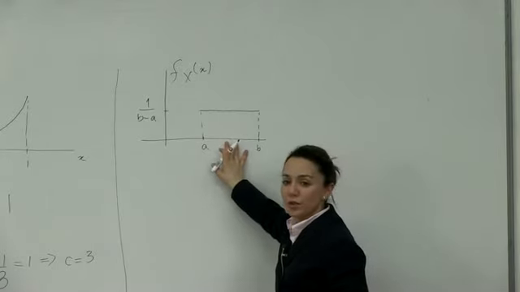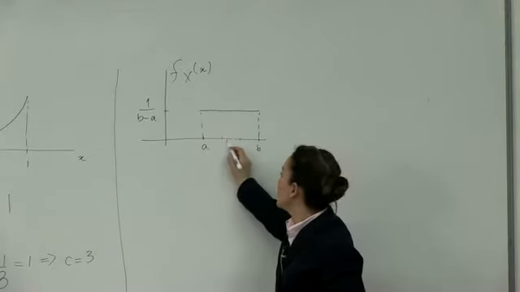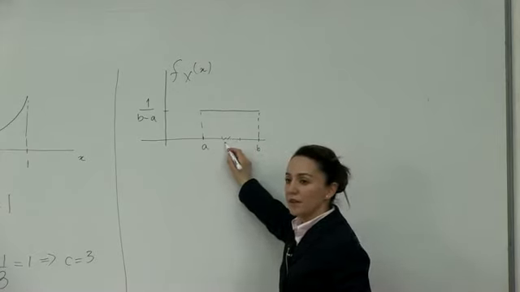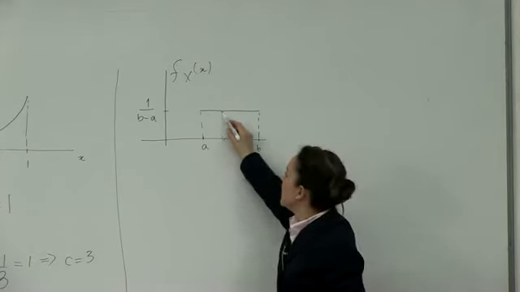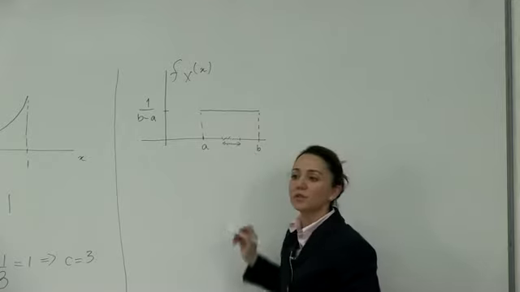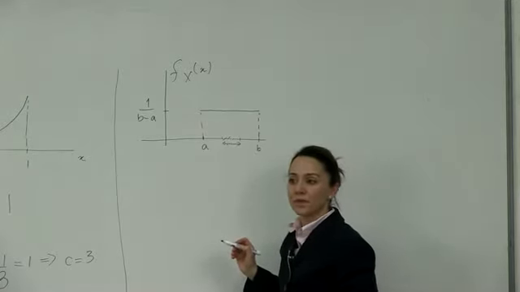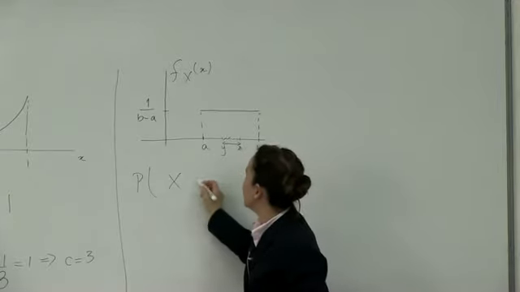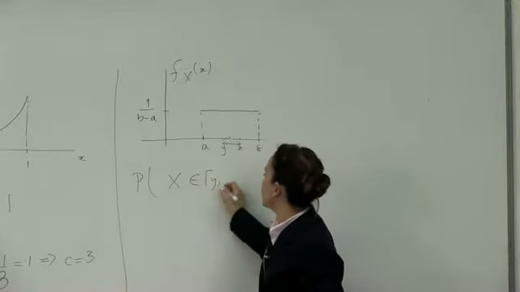And the probability that x falls into any interval is proportional to the length of this interval, right? Why? Let this be an interval y to z. What is the probability that x is in between y and z?